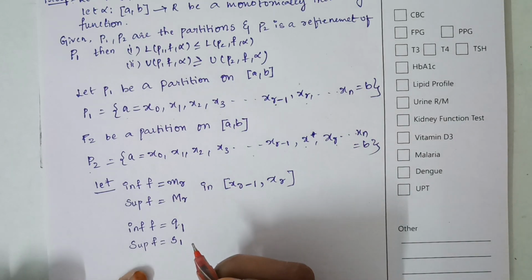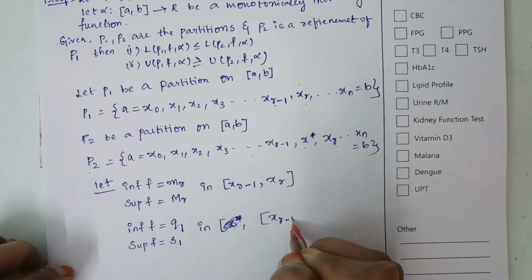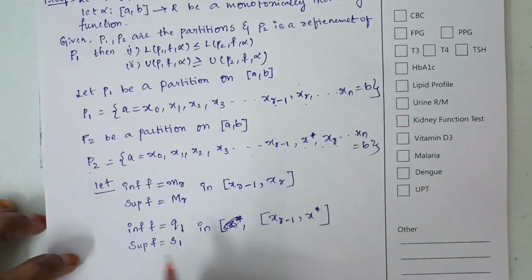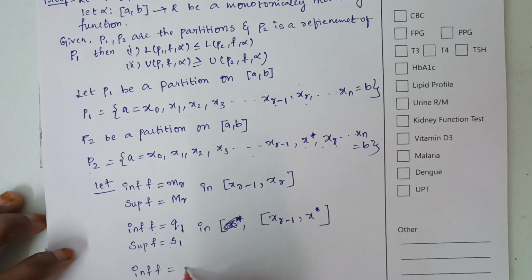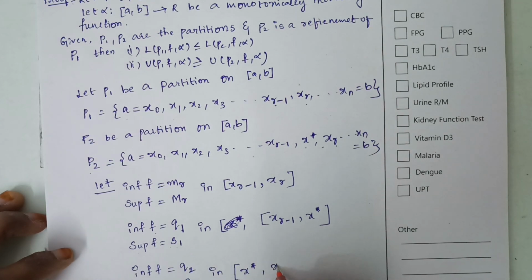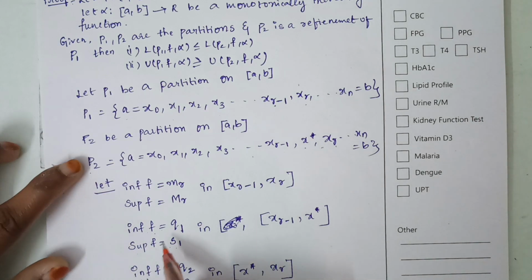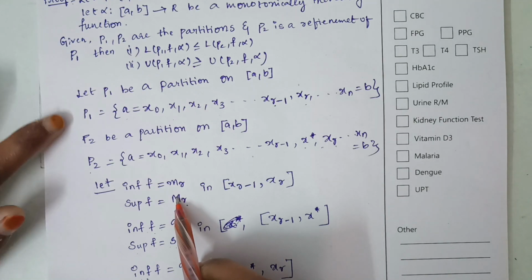Let us consider this. These are in the closed interval xr minus 1 comma x star, and infimum in the P2 partition, infimum f is equal to q2 and supremum f is equal to s2. These are in x star comma xr. These two are taken from the partition P2 and this one is assumed from the partition P1.